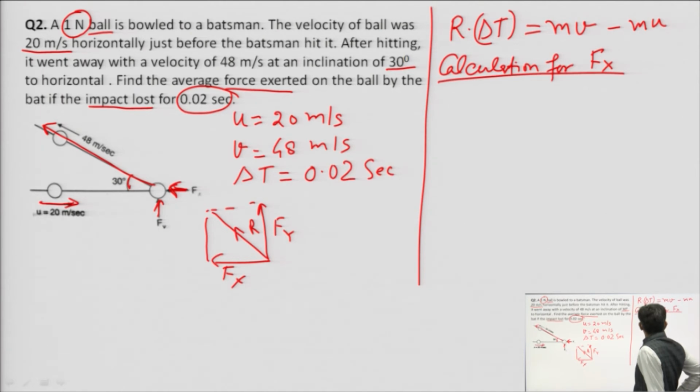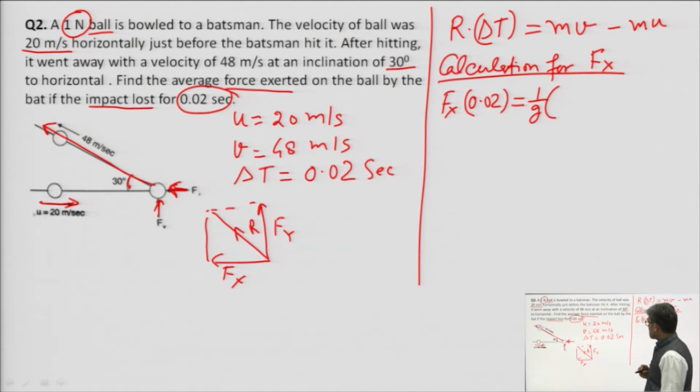F x. So, F x into delta t, we have 0.02, that is equal to m, the mass of the ball, which is 1 divided by g, times v, the horizontal component.